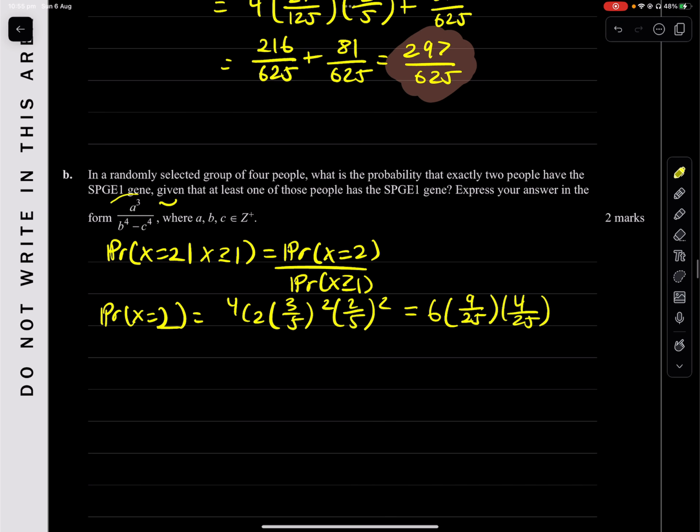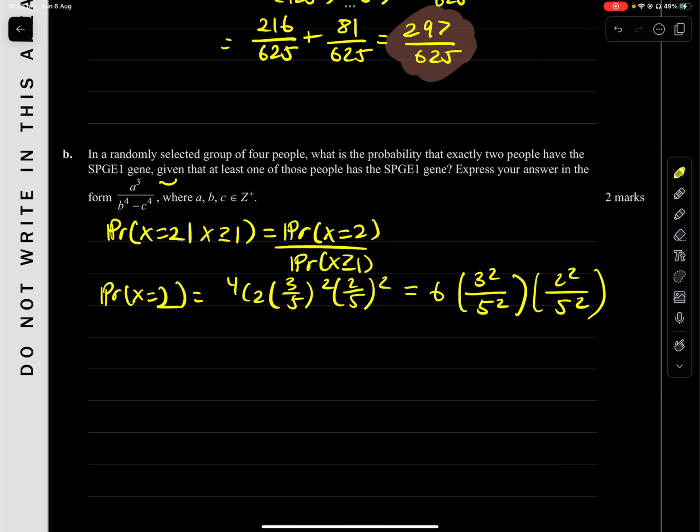Okay, because we want it in this specific answer form, I think the safest answer we can give is to put the powers in there still, so it'll be still 6, 3 squared over 5 squared, 2 squared over 5 squared, like that, to be much safer.